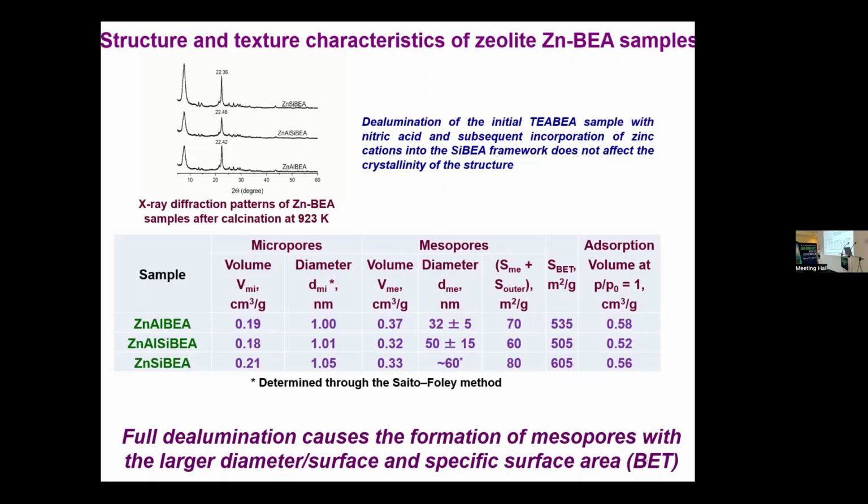Also, by different techniques, we can see that micropores and mesopores are present in these 3 catalysts, but dealumination leads to the formation of more mesopores. So this means that dealumination causes formation of mesopores with a larger diameter and larger specific surface area.